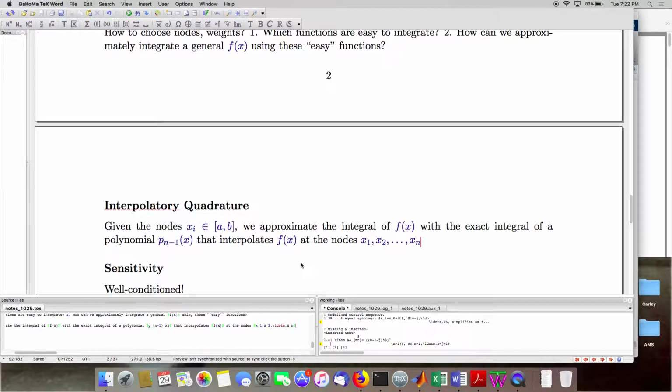So we have n nodes. As you know from the previous chapter, a polynomial that interpolates at n nodes will have degree one less. So that's why I have n minus 1 here. So the idea is the approximation of the integral will be the integral of an approximation. In this case, a polynomial approximation.